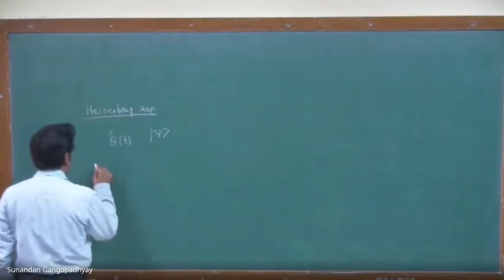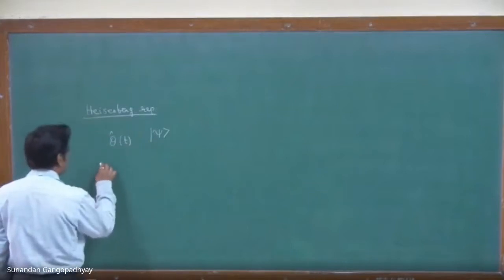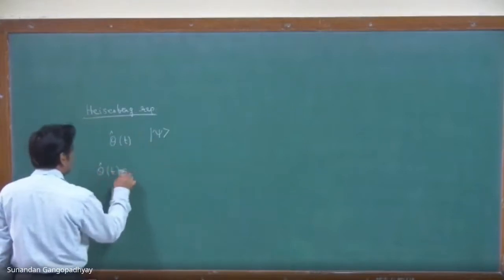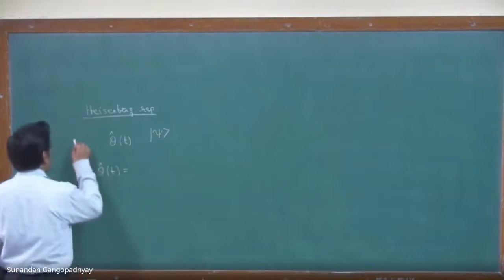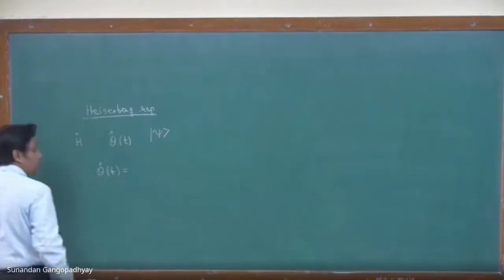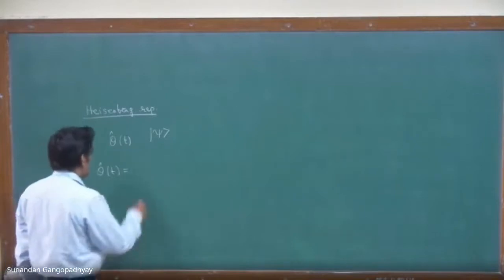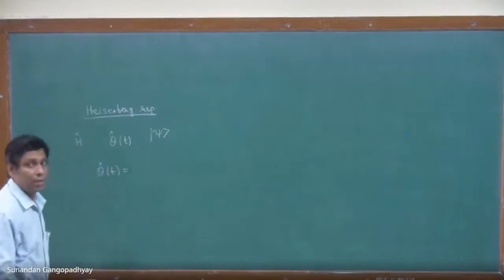So here, in the Heisenberg representation, if H hat is the full Hamiltonian of your theory, let us assume that H hat is time independent.